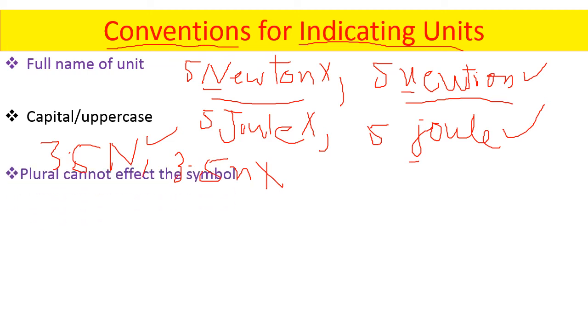The next principle or convention is that plurals cannot affect the symbols. Dear students, if we write 1 N like this and write 5 Ns like this, then it will be wrong.